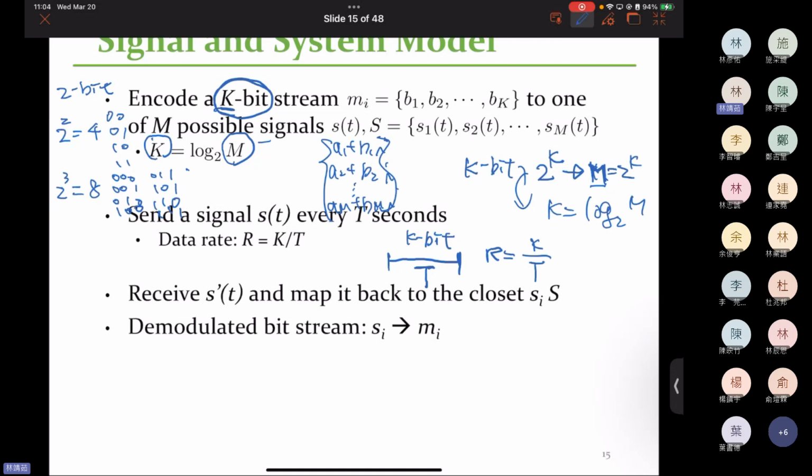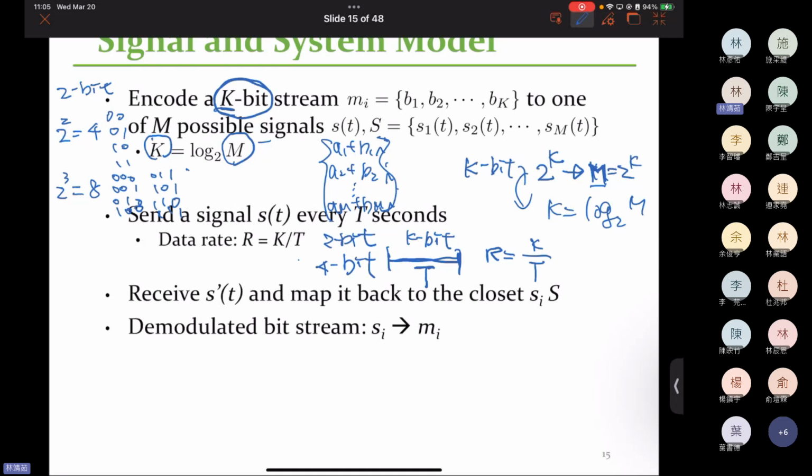So now you can see that the more bits we try to hide at a time, the higher data rate we get, right? For example, if we have a fixed duration t, say we have an algorithm which can convert 2 bits at a time, and another algorithm which can convert 4 bits at a time. Which one will give you a higher data rate?